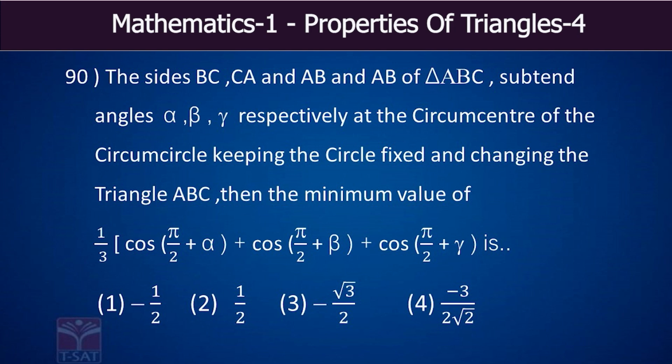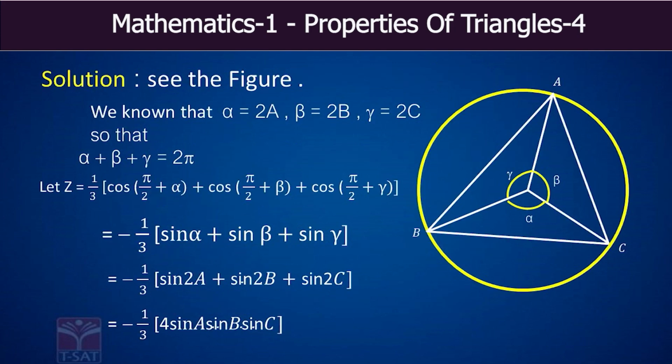Then the minimum value of 1 by 3 into cos of (pi by 2 plus alpha) plus cos of (pi by 2 plus beta) plus cos of (pi by 2 plus gamma) is. The options: 1 is minus 1, 2 is half, 3 is minus 3 root 3 by 2, and 4 is minus 3 by 2 root 2. See the figure.